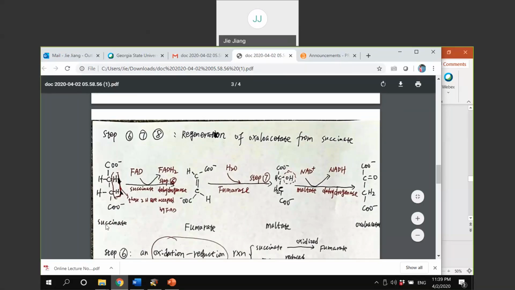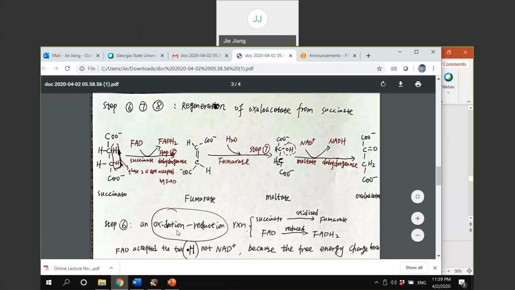Starting from the succinate from step 5, we have this structure here. These 2 hydrogens in carbon 2 and carbon 3 will be removed, or we say they will be transferred to FAD to form FADH2. Apparently, this reaction should be an oxidation-reduction reaction.